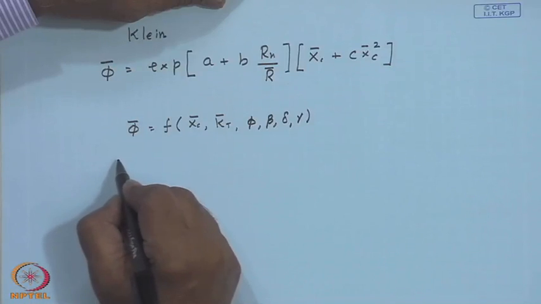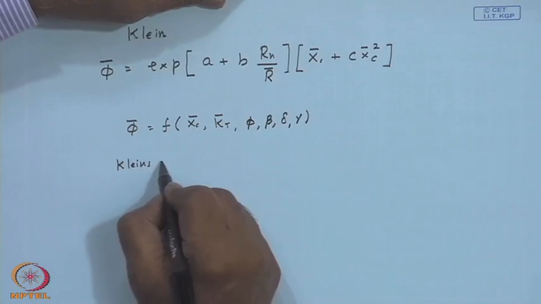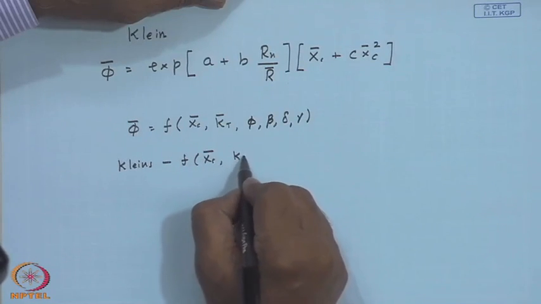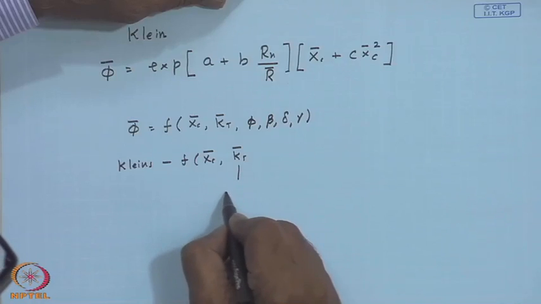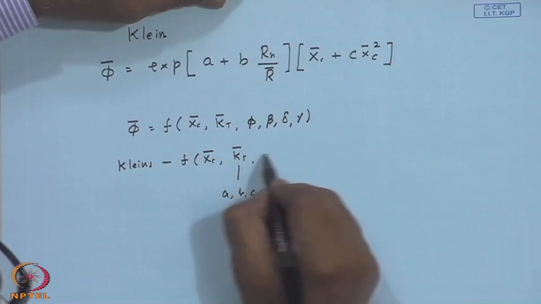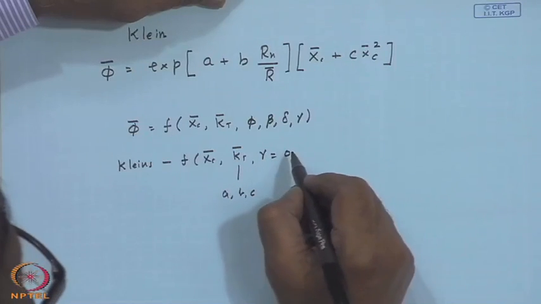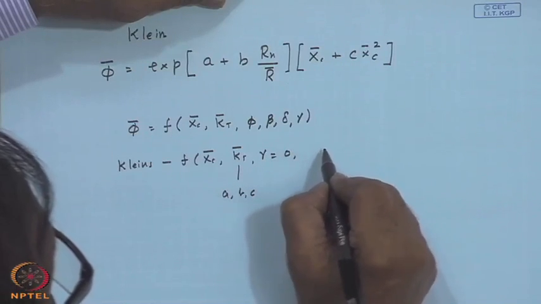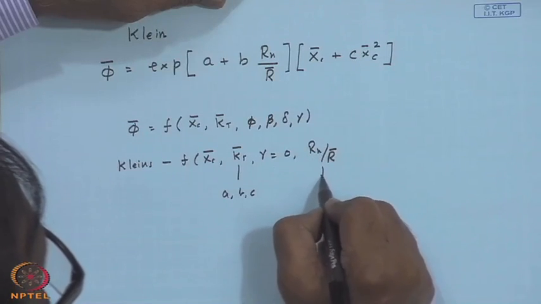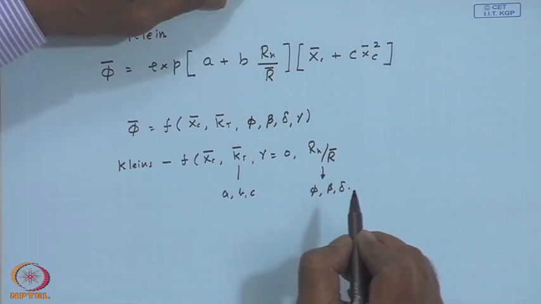So, Klein's correlation has f of x c bar, K T bar, which come through A, B, C. Of course, he has chosen gamma equal to 0, and in place of phi, beta, delta, it has R n upon R bar.